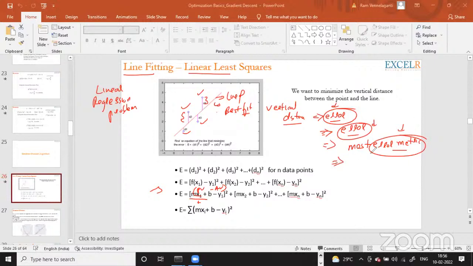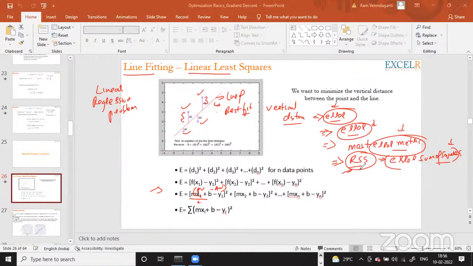We can work with your residual sum of squares, or you can call it error sum of squares. So our objective is to minimize your residual sum of squares.